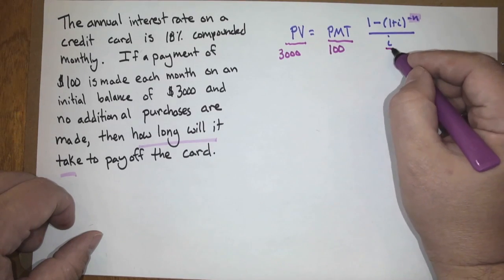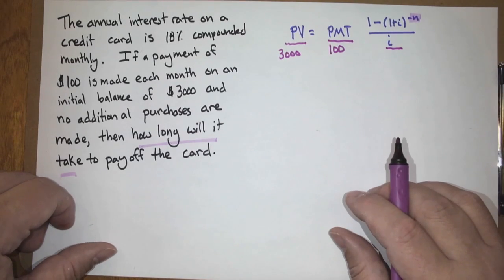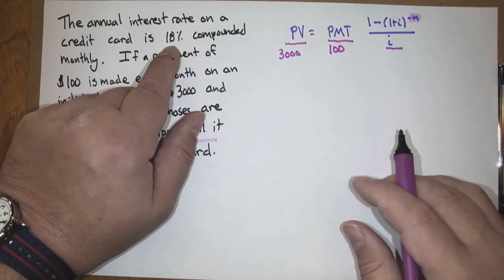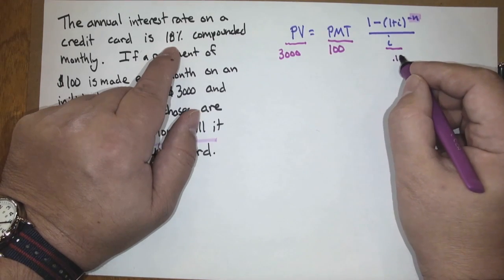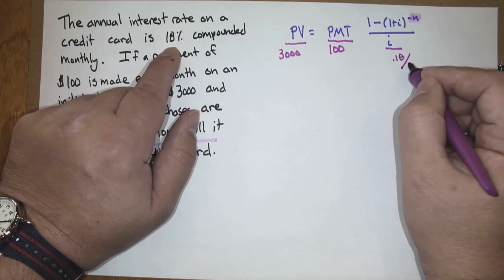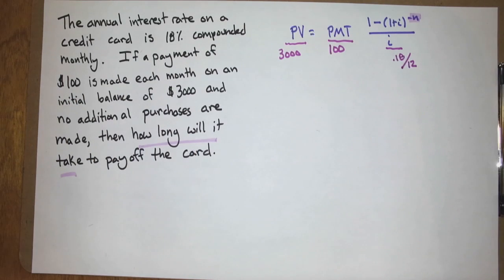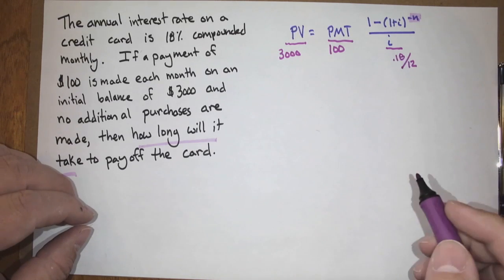And what is i? 0.18 divided by 12. So 18% is your yearly interest rate, but they compound that monthly. Okay, so 0.18 divided by 12.